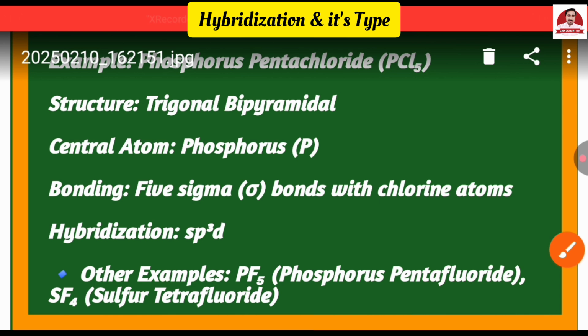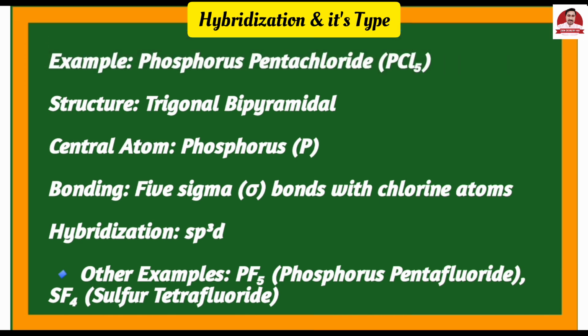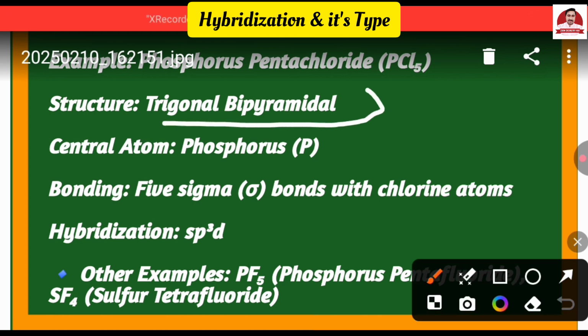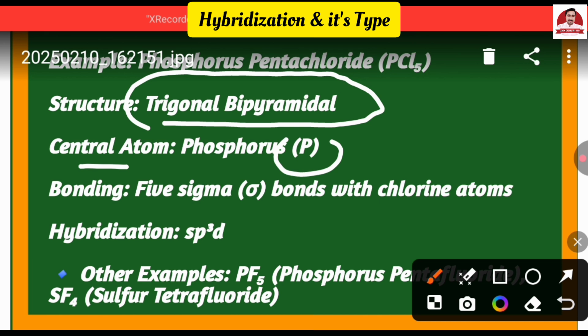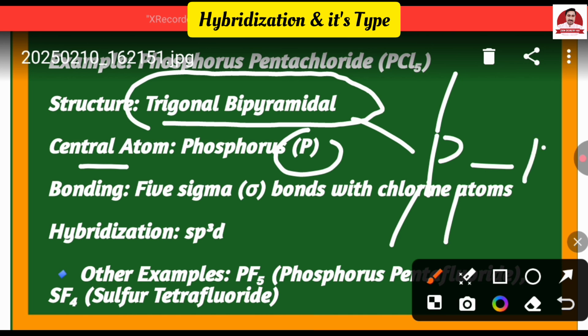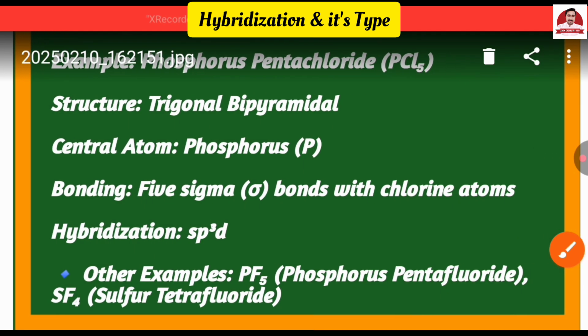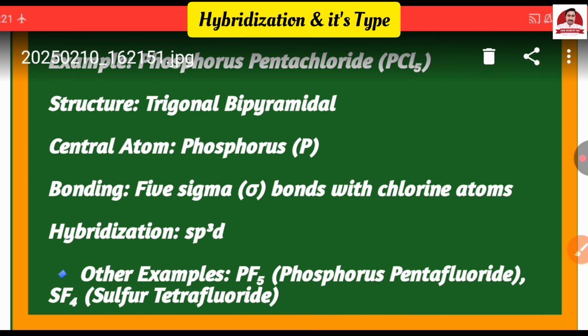Now we take the example of sp3d hybridization which occurs in phosphorus pentachloride PCl5. It is a trigonal bipyramidal structure, and in this molecule the central atom is the phosphorus, and the chlorine atoms, and 5 sigma bonds are present between the phosphorus and chlorine atoms, that is sp3d hybridization.